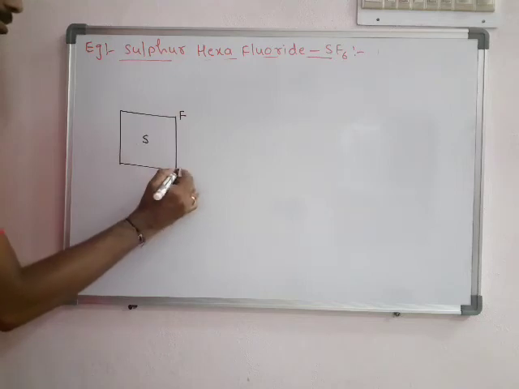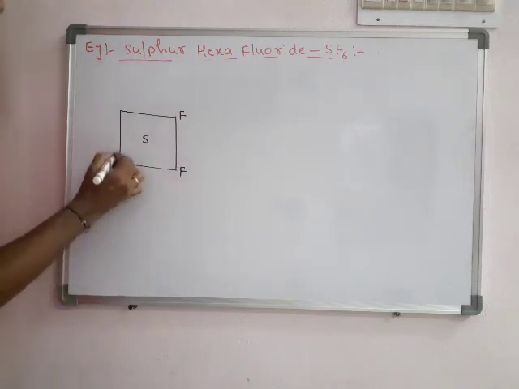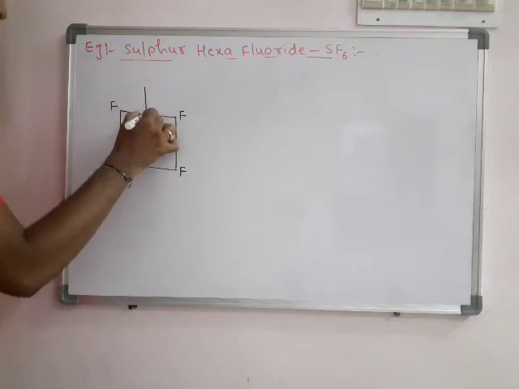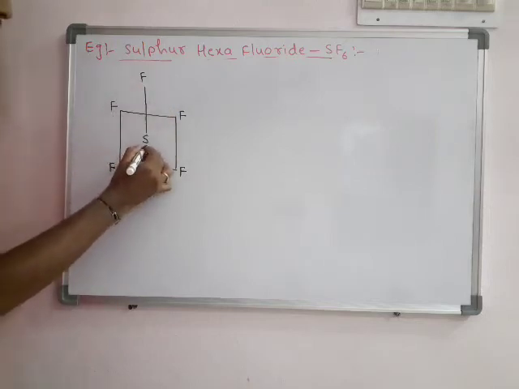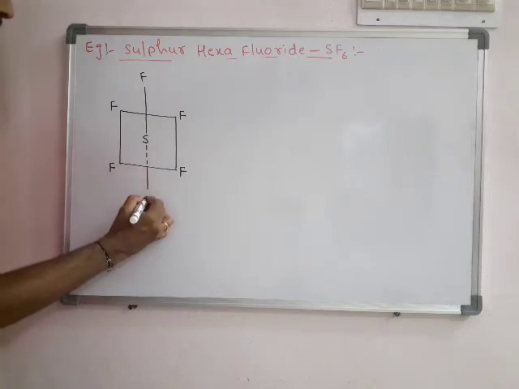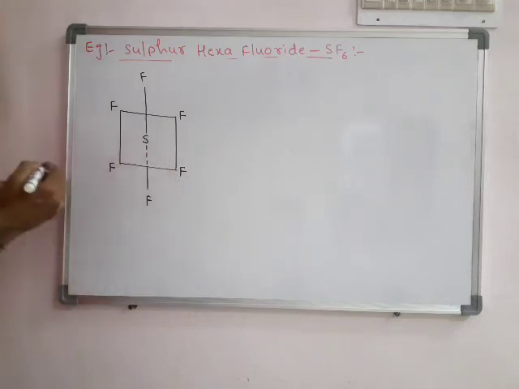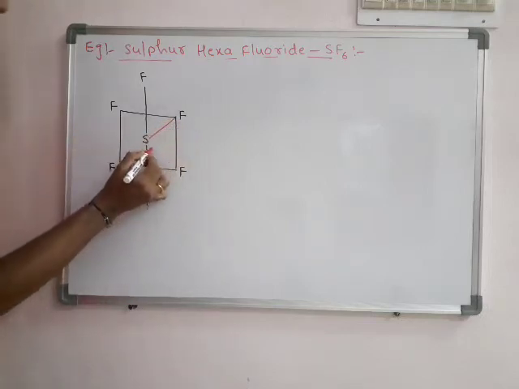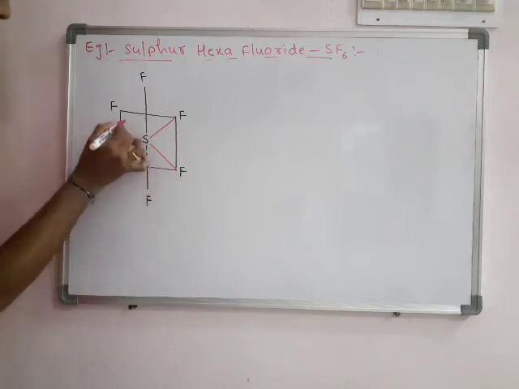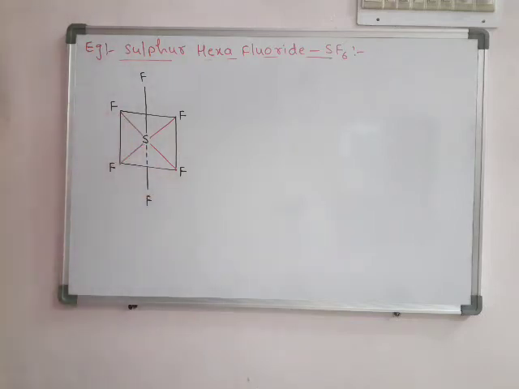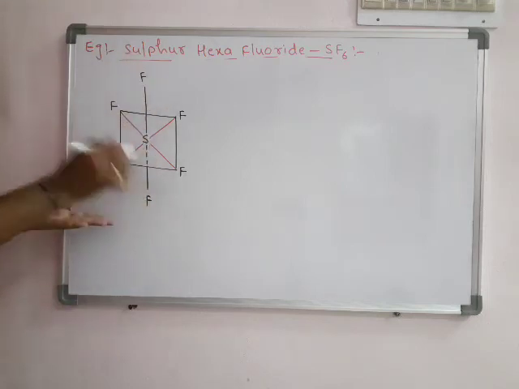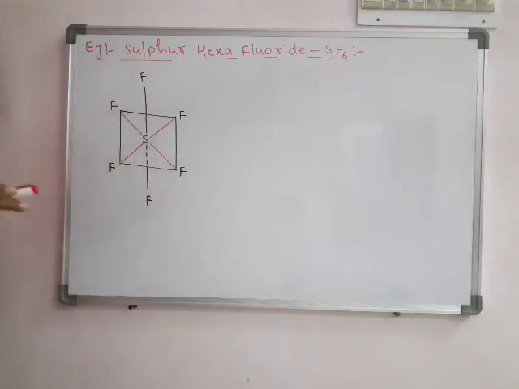It has bonds, and we already know the type: sigma sp3d2-p overlapping. One is coming from the bottom side, so we use the dotted line. So this is the perfect shape of SF6. This is called octahedral. 4 fluorines are present in one plane, and above and below this plane 2 fluorines are present. They are all sigma bonds with 90-degree bond angles. So now this is completed.